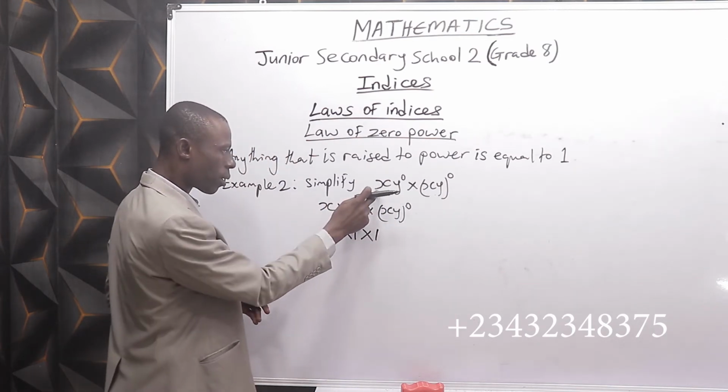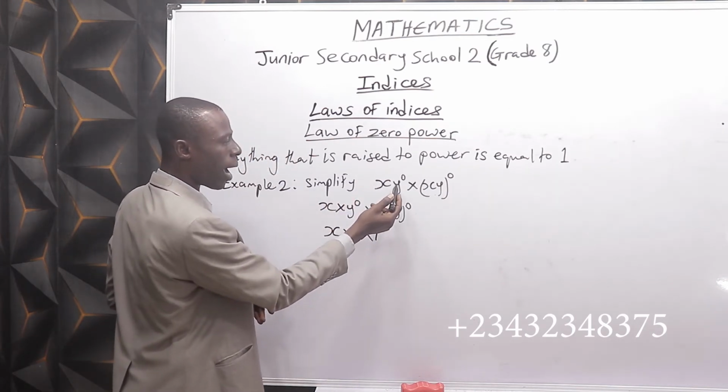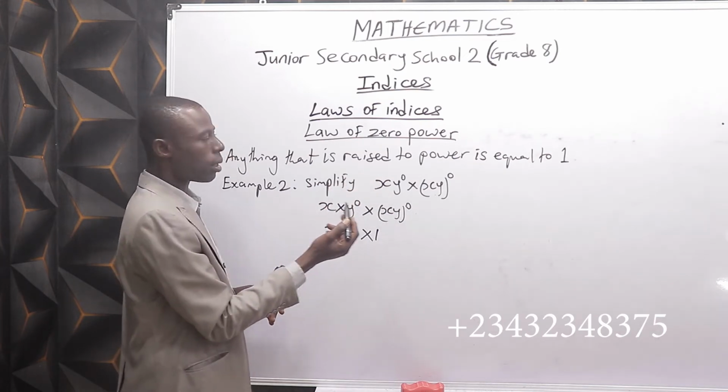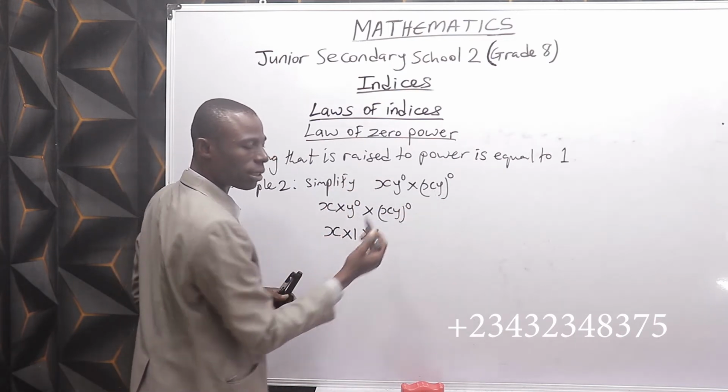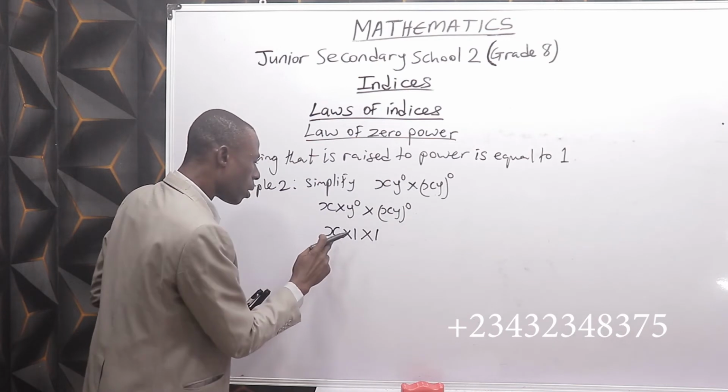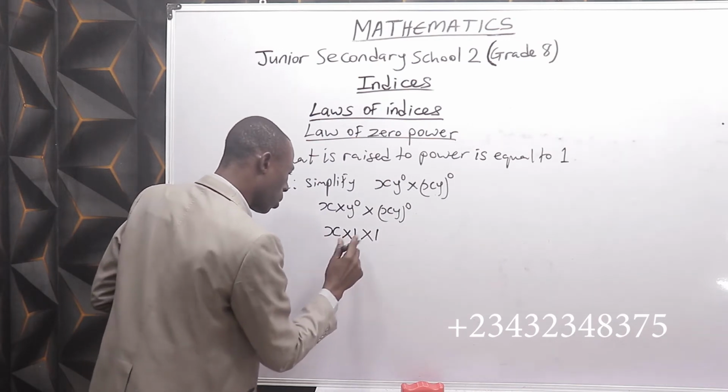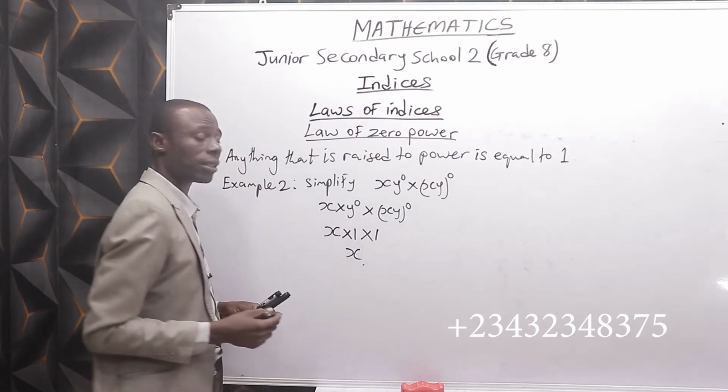Unlike here, where the power 0 is only on y, not on x. Here it is on both x and y. So the answer is x times 1 times 1, which is x. So x is the answer.